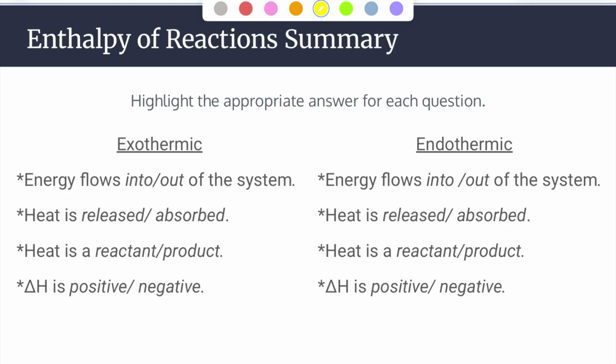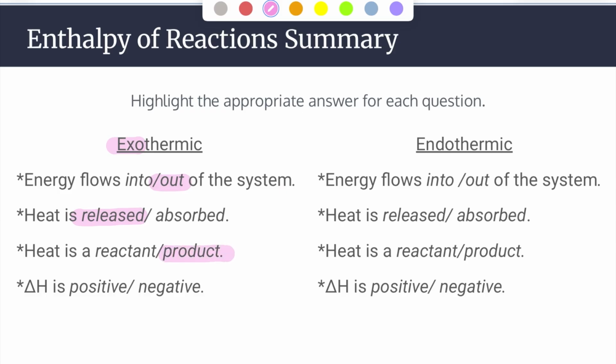So looking at this enthalpy of reaction summary, if you would like, feel free to pause the video and try these on your own. So we want to just highlight what is the appropriate answer for each question. So exothermic, I think exit. Energy is flowing out of the system in an exothermic reaction, which means if energy is flowing out, our heat is released, meaning heat is going to be a product.